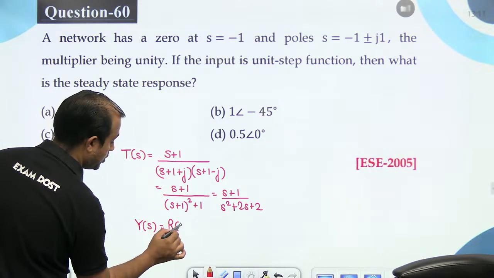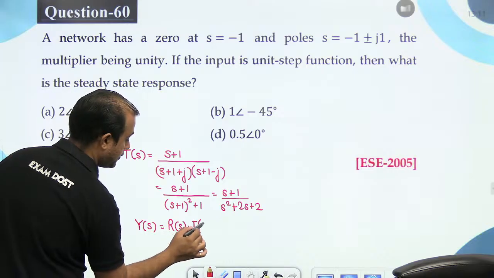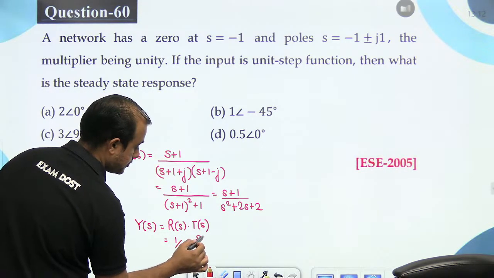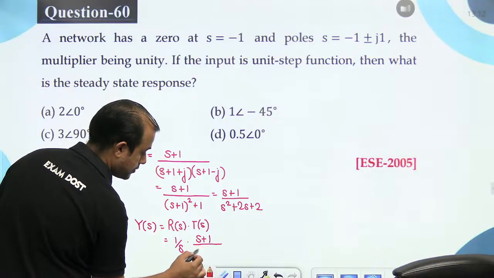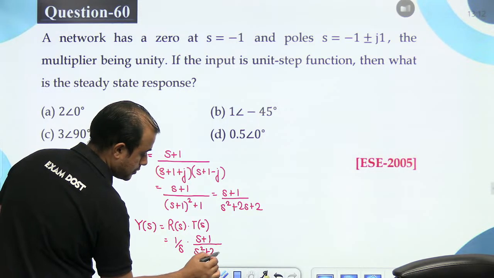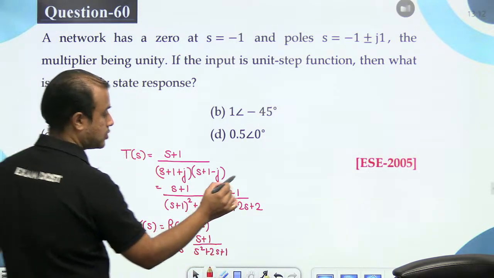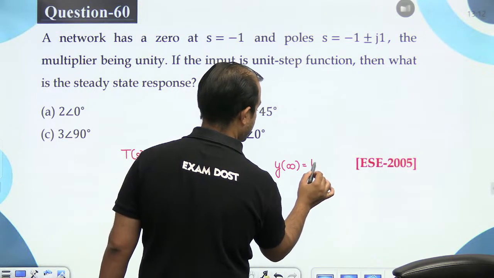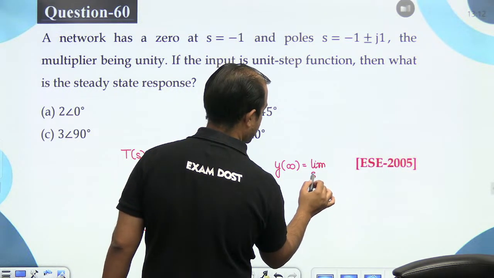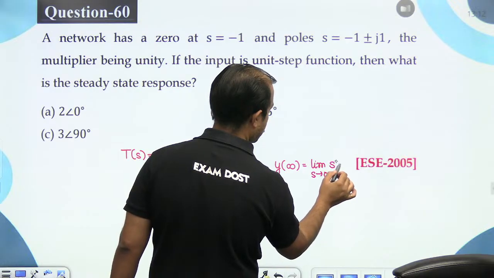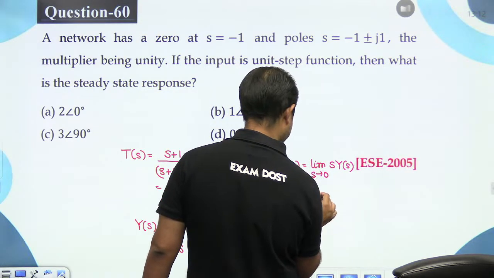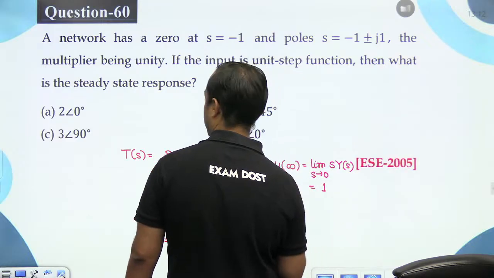Output is input multiplied by transfer function. Input is unit step. So what is y infinity? SYS. So 1.